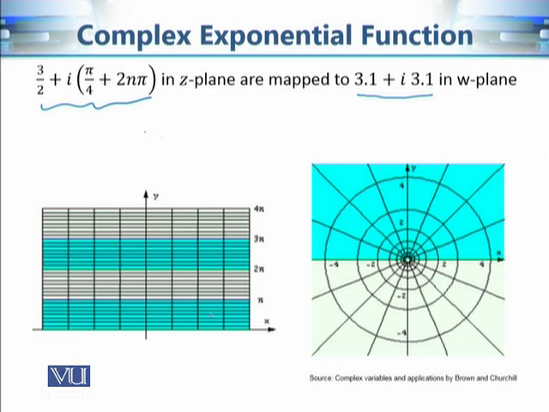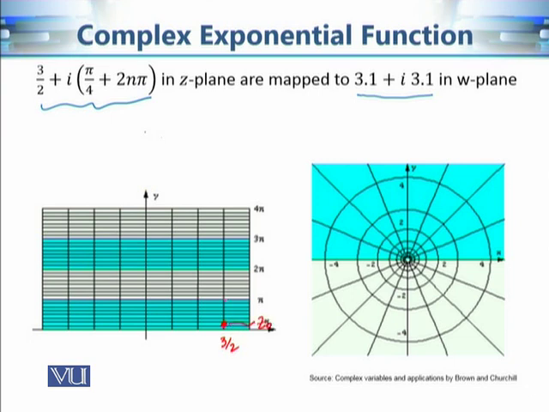Let's say this is 3/2 over here, and π/4 is somewhere over there. Then our z0 is somewhere over there.